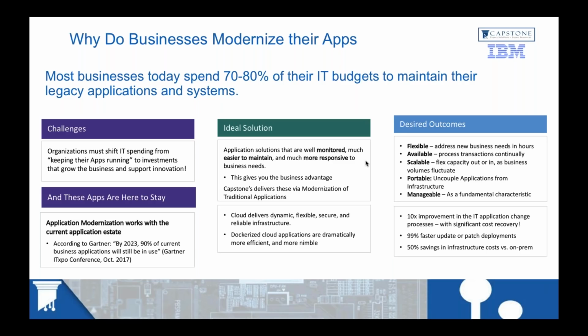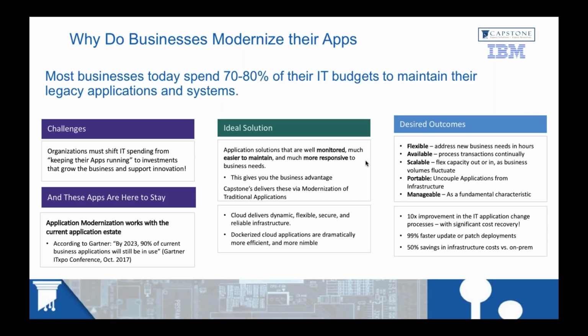And then with containerization, what we have seen is just with containerization and before refactoring, we've seen significant improvements to companies' application development processes, to their change delivery processes, to the infrastructure costs, the virtualization licensing costs, deployment time, stability of updates.